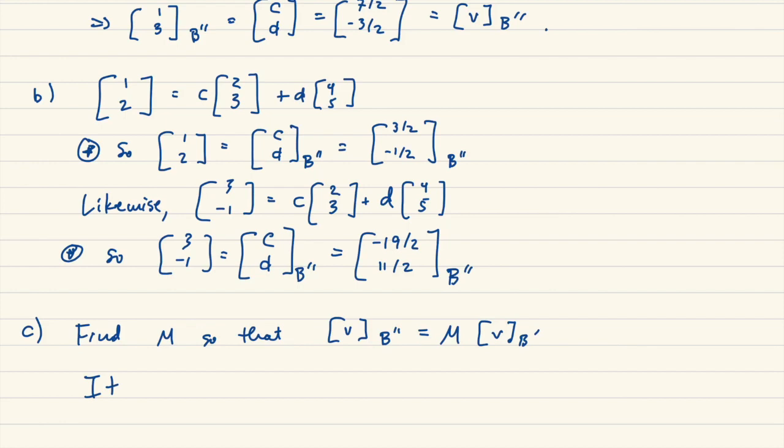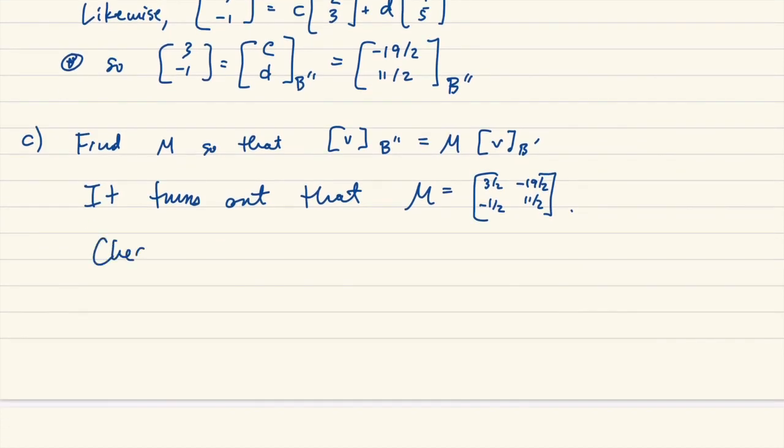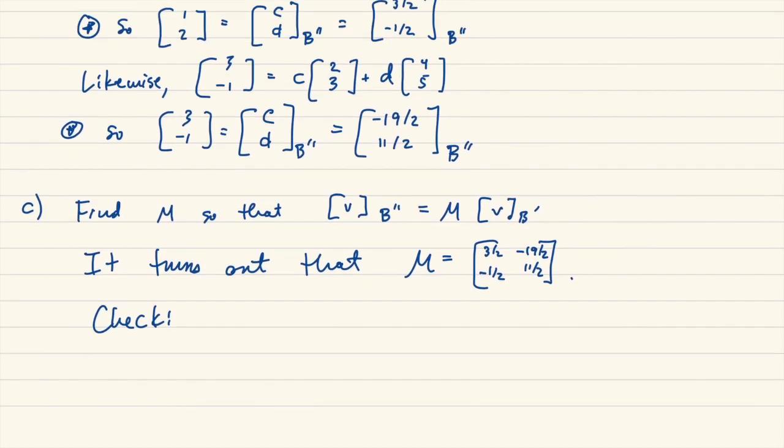And it turns out that M is going to be nothing more than the 2 by 2 matrix whose columns are 3/2, negative 1/2, and negative 19/2, 11/2. So we get 3/2, negative 1/2, negative 19/2, 11/2. It turns out that that's M.